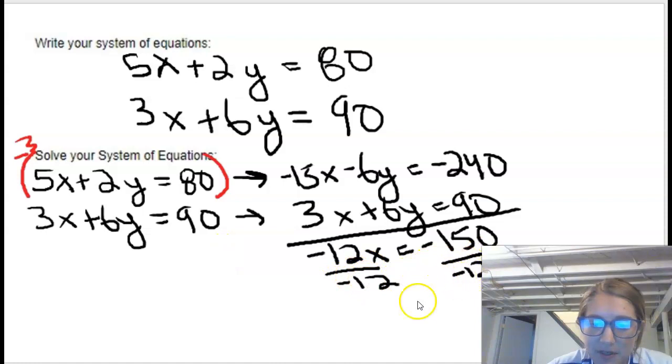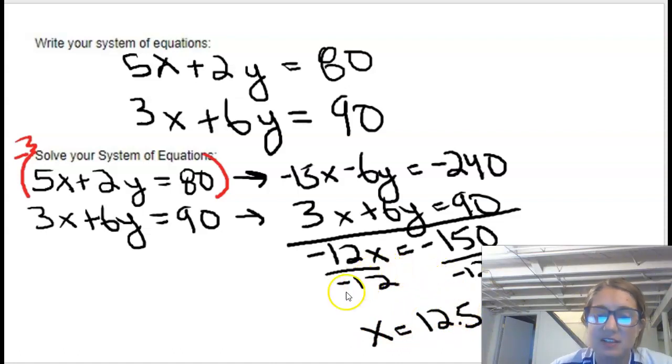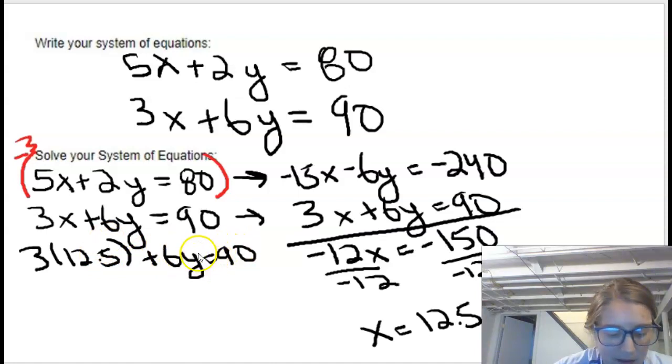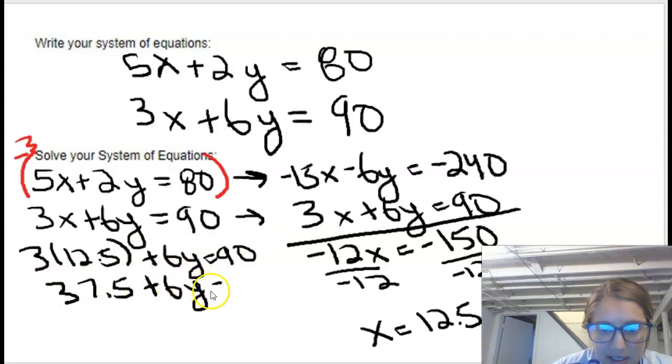I can divide each of these by negative 12. I end up with x being 12.5. I still need to solve for y. I'm just going to go ahead and, everywhere I see an x, I'm going to put a 12.5. And it makes sense that our pies are not whole amounts.